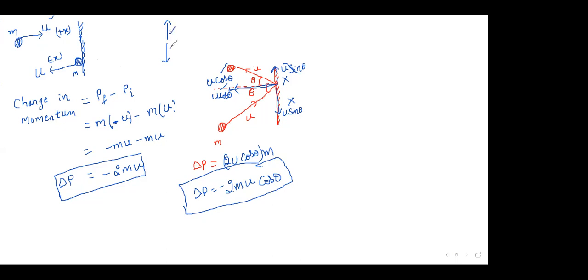So u sin theta minus u sin theta will cancel out, no? Okay, sir, I understand. But that is not happening with u cos theta, because they are in the same direction. Good. So we are adding that. So u cos theta plus u cos theta becomes 2u cos theta.